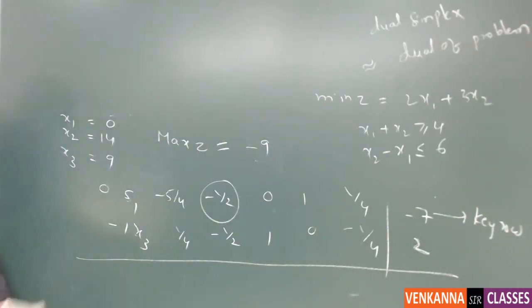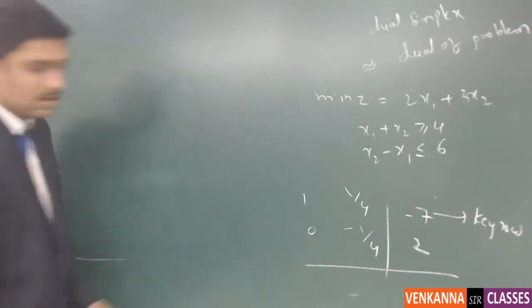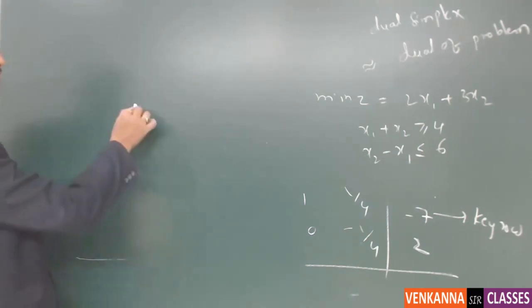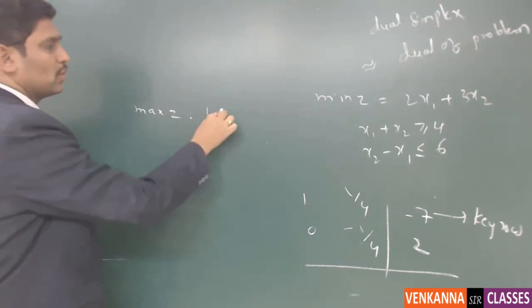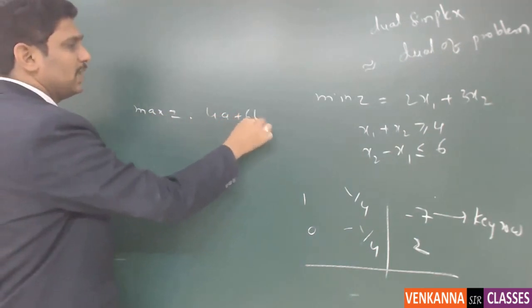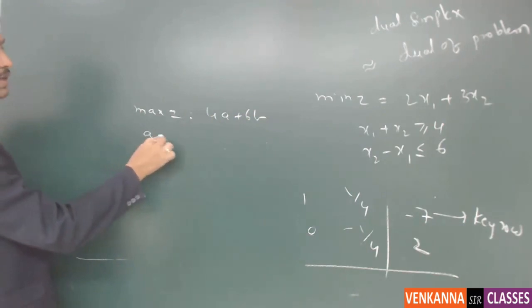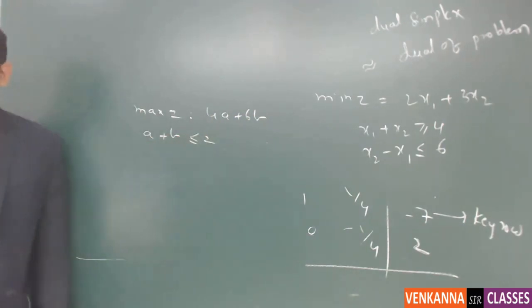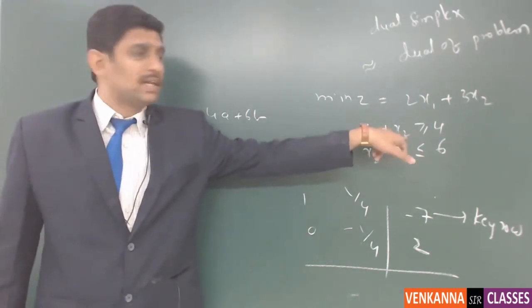So if you want the construction of the dual problem for it, it will come like that: maximum z as 4a plus 6b, subject to the constraints a plus b is less than or equal to 2. But one thing we need to remember, that always the values must be less than or equal to type.